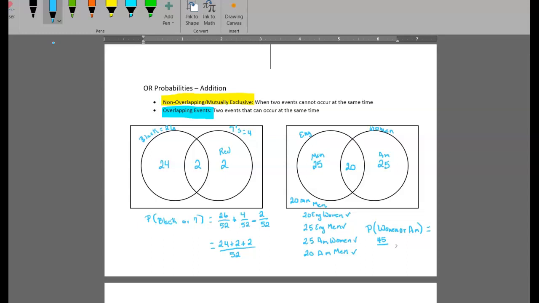So we have 90 people. Plus, because it's addition, how many Americans do we have? Well, we have 25 American women and 20 American men, but we've already counted this 25 Americans with our women category, so all we need is our 20 out of 90, which would end up with a total of 65 out of 90.